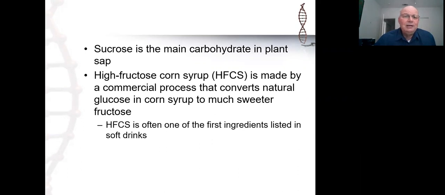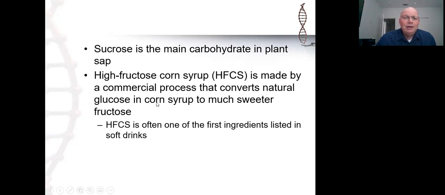And as I said, high fructose corn syrup was used as a sweetener and is still used as a sweetener because it's cheap, it's easy to make, it costs so much less than sucrose. Sucrose is relatively expensive compared to high fructose corn syrup. And so for food producers that wanted to add a sweetener, high fructose corn syrup was the preferred one because it was so easy to get.